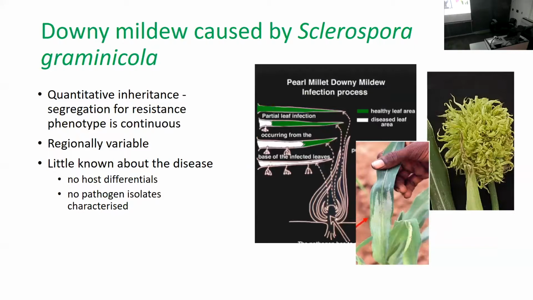Instead of growing into the leaf and forming a local lesion, what it actually does is it grows down to the growing point of the plant, and it will infect the undifferentiated tissue of the plant. What you actually see for these half leaves, this was the part of the leaf that was undifferentiated at the time of infection, and this part was differentiated.